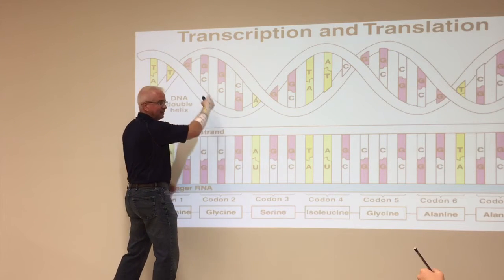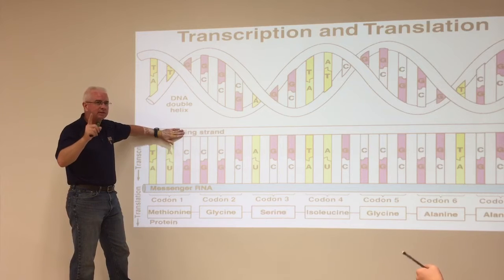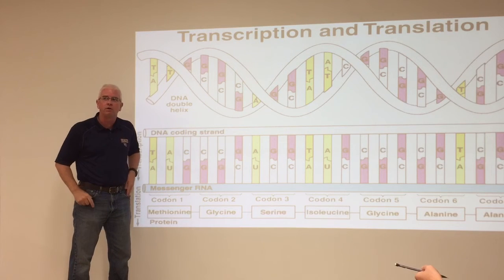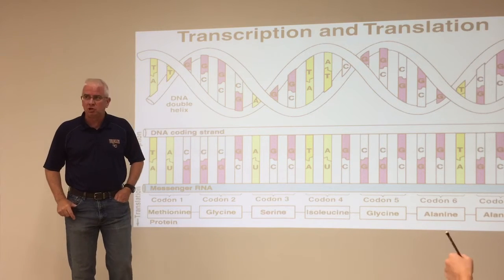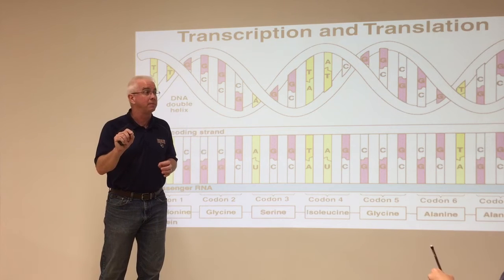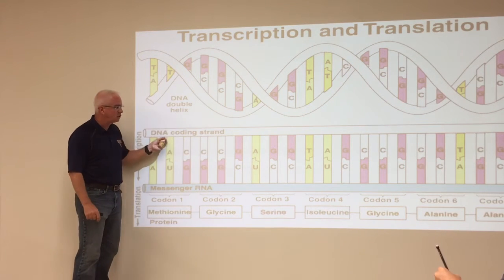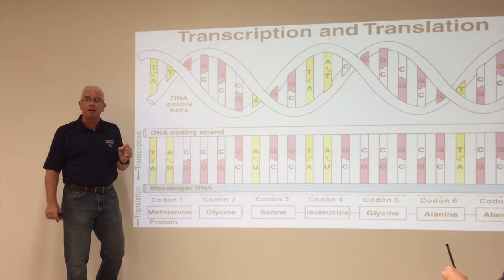T, A, C, C. Flip the thing over. The coding strand is the side of the DNA that is going to be copied. So when you say transcription in language, what you mean is you are making a copy. And that's the same thing in biology. If you are transcribing the DNA, you're making a copy.